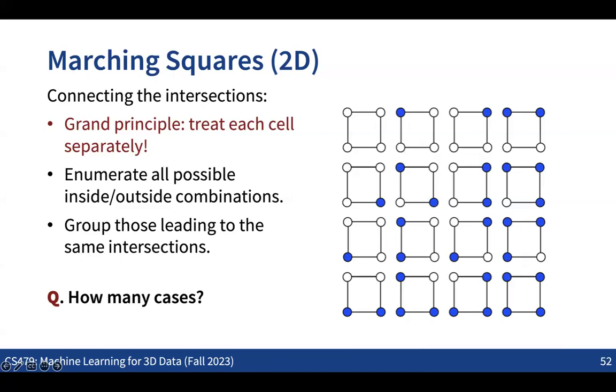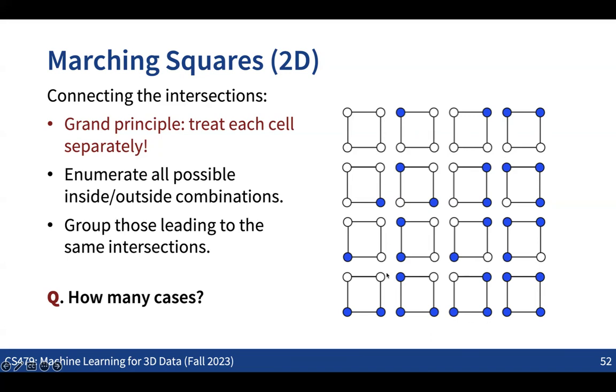Yeah, we should have 16 cases, right? Because it's 2 to the 4. For each corner point, there are two cases, and we have four corner points, then we have 2 to the 4, like 16 cases. So these are all the 16 cases, right?